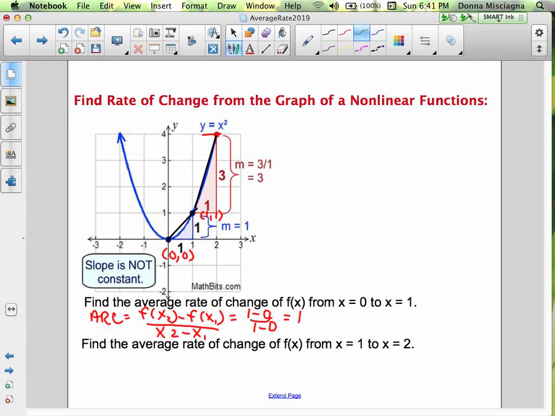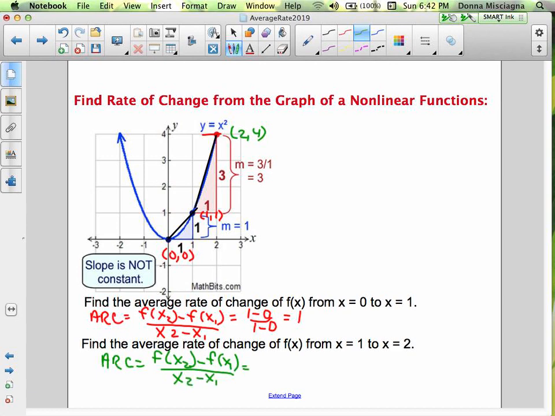Let's find the average rate of change from 1 to 2. We're still using the point 1, 1, but now we're using the point 2, 4. So average rate of change is f of x2 minus f of x1, which is the change in the y coordinates, divided by x2 minus x1.